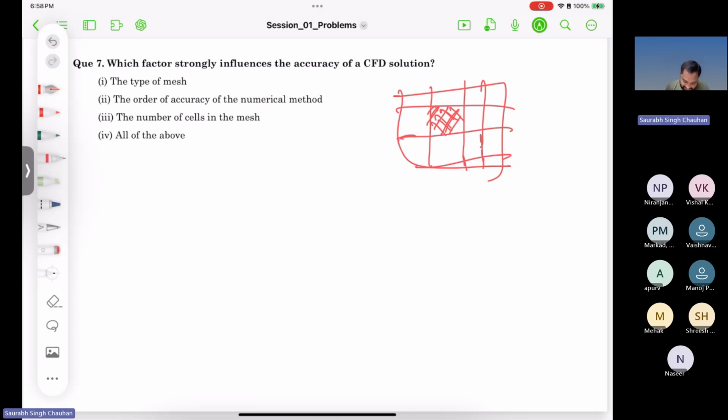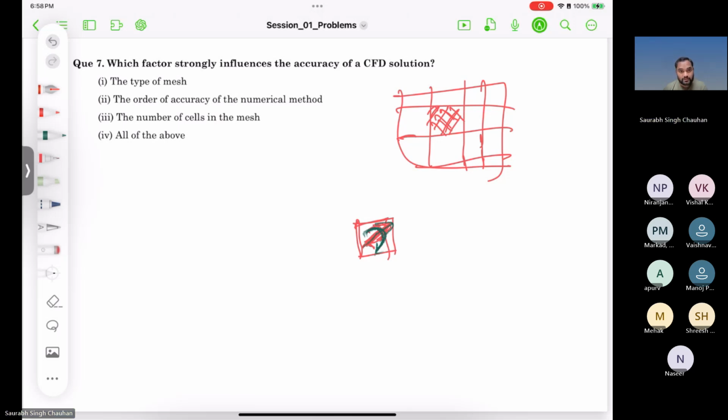Okay, for example, if there is an eddy, and your mesh is bigger than this eddy, then in this mesh you will get only one velocity vector, right? Only one velocity vector. You will not be able to resolve this eddy, right? If your mesh is bigger than this eddy.